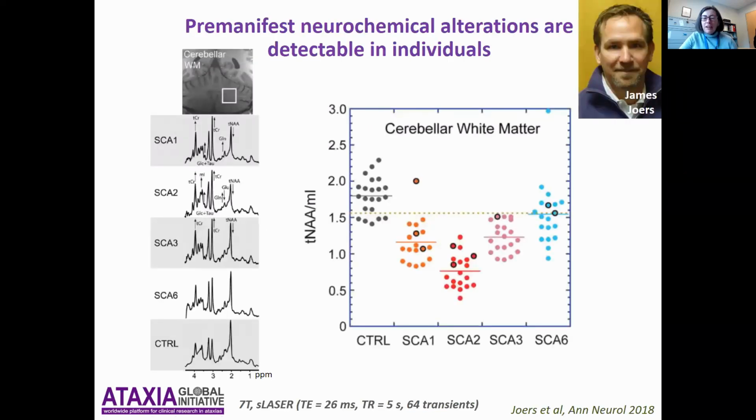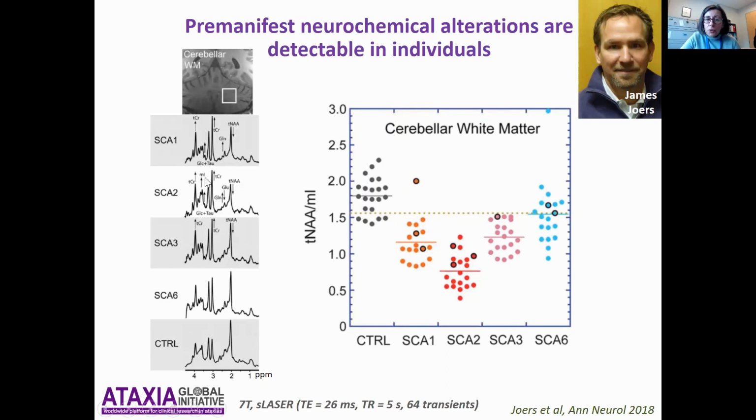Okay, continuing on the NAA over myo-inositol story, this is from one of our studies where we looked at neurochemical changes in SCA1, 2, 3, and 6, the most common SCAs, polyglutamine SCAs.